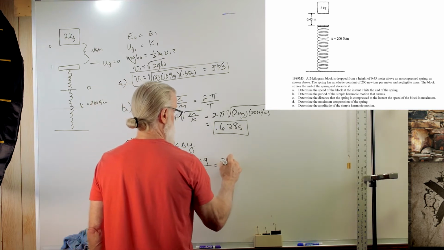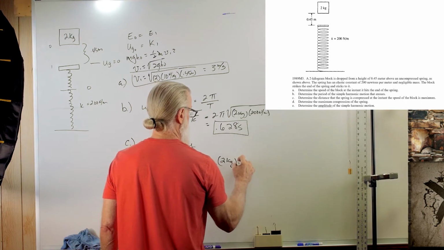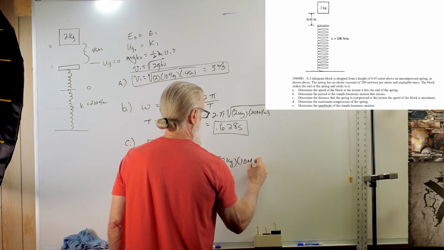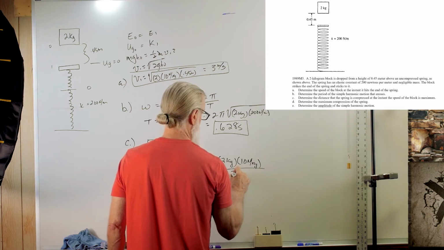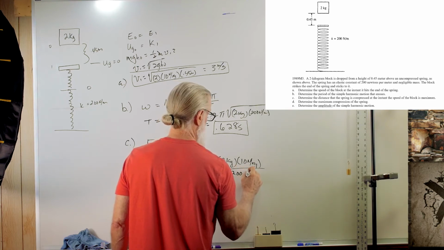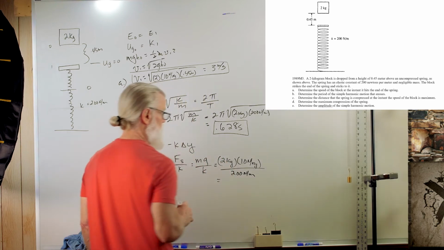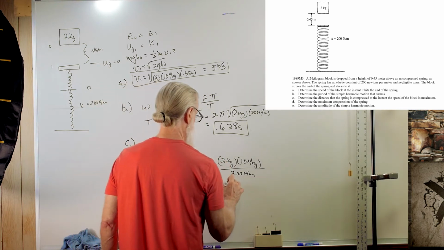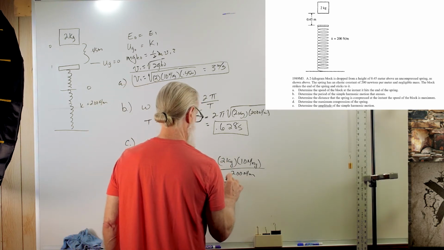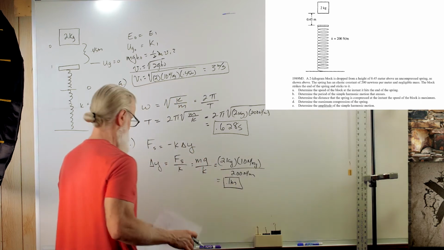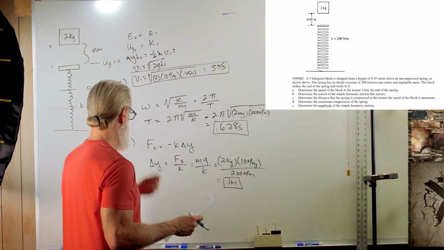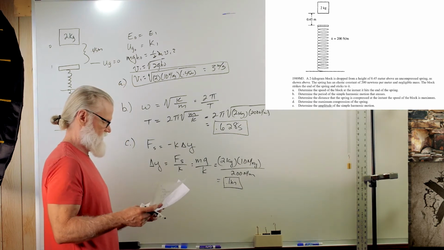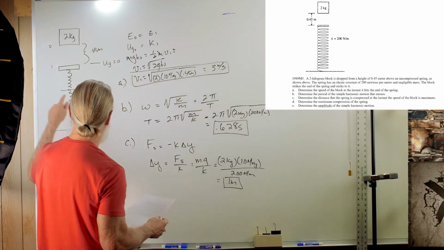The mass equals 2 kilograms. I'm going to use 10 newtons per kilogram. And k is 200 newtons per meter. All right, so I guess that's 0.1 meter. 0.1 meter for C.